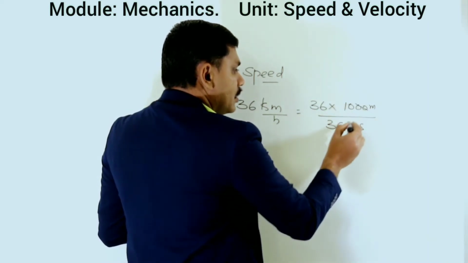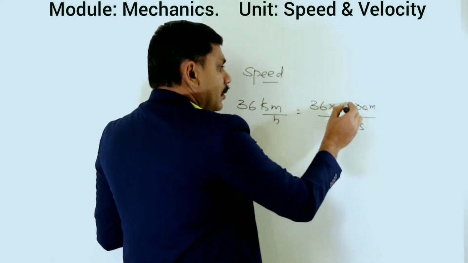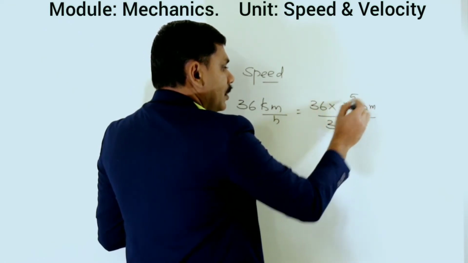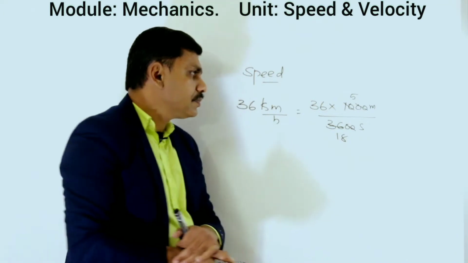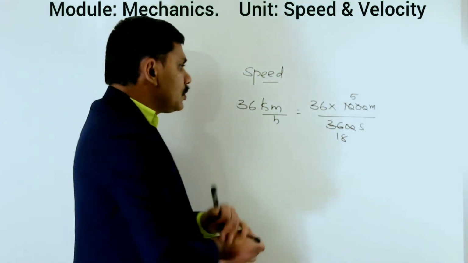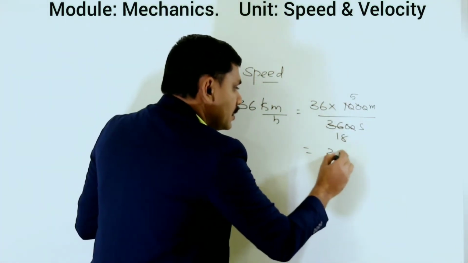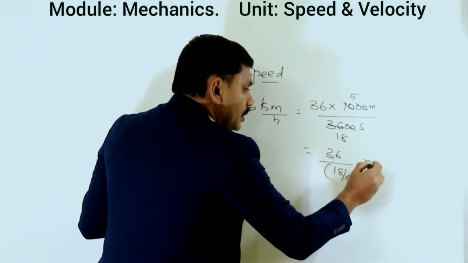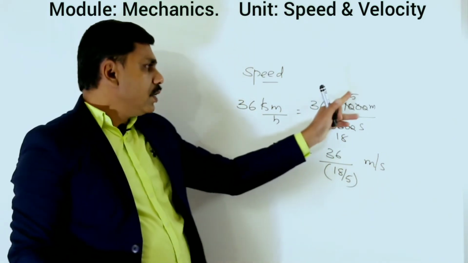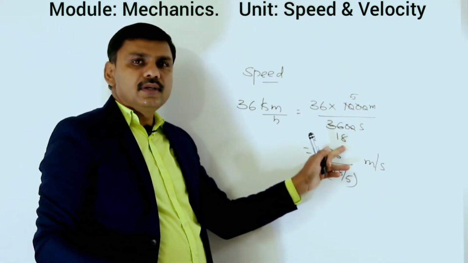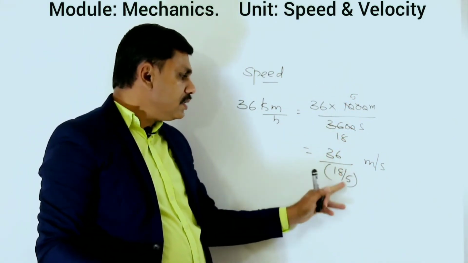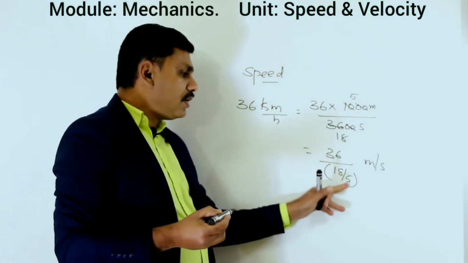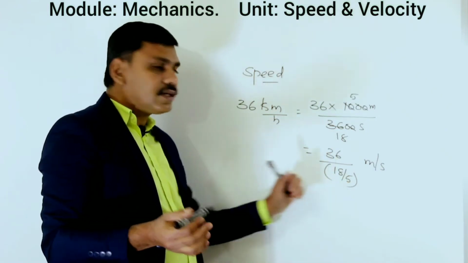So you can cancel 2 zeros. Then you can cancel with the 5. So 5, 18. You can write simply as 36 divided by 18 by 5 meter per second. Taking 5 in the denominator, it will be 18 by 5. 18 by 5, if you calculate, is 3.6.